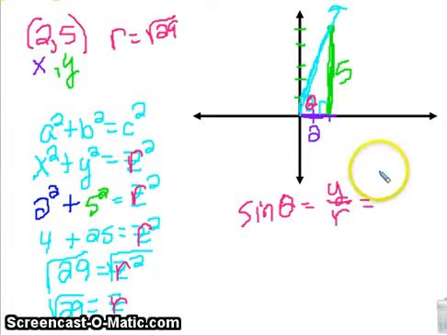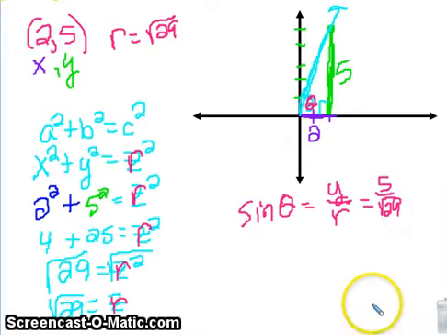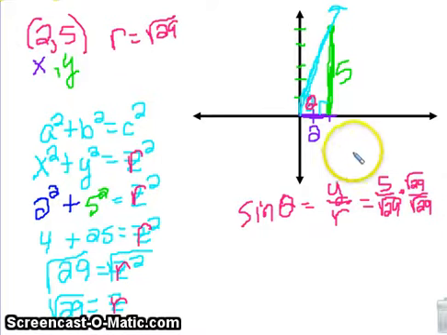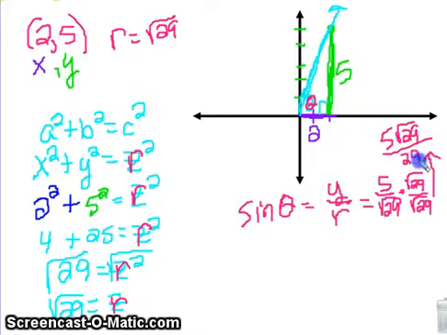Well, what's y over r? 5 over the square root of 29. Do I like 5 over the square root of 29? No. So I'm going to have to multiply top and bottom by square root of 29. And so my sine of theta should be 5 square root of 29 over 29. Good.